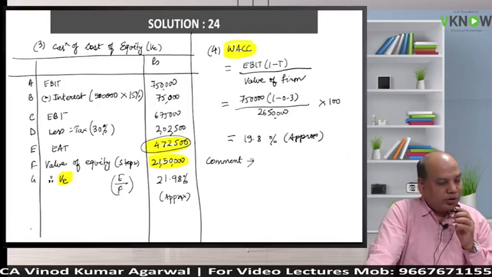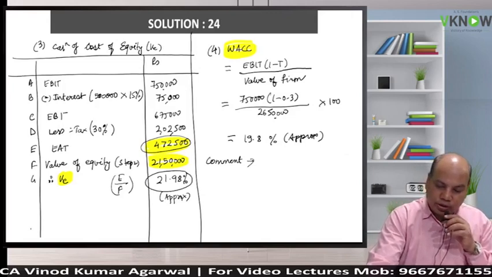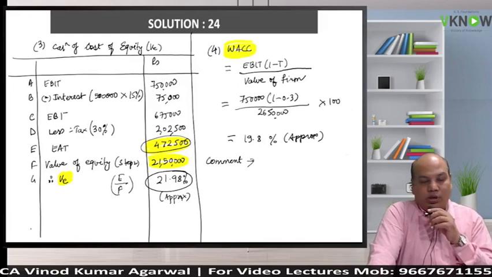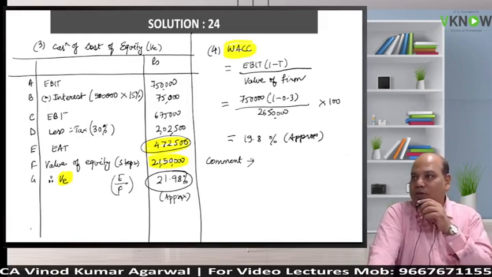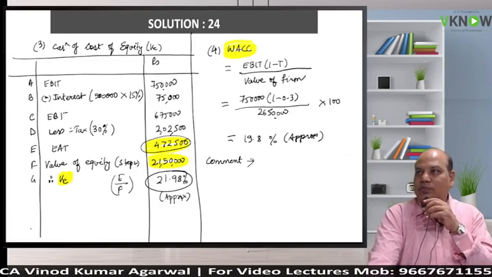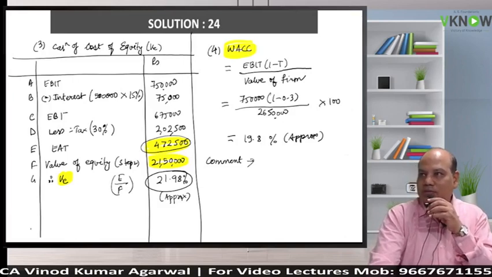KE, which was 21%, has become 21.98%. But what happened to KO? KO, which was also 21%, has reduced to 19.8% because of the use of debt, which is cheaper than equity.